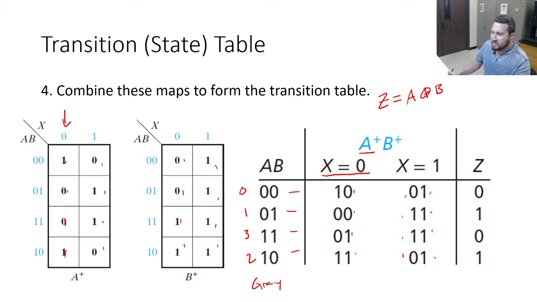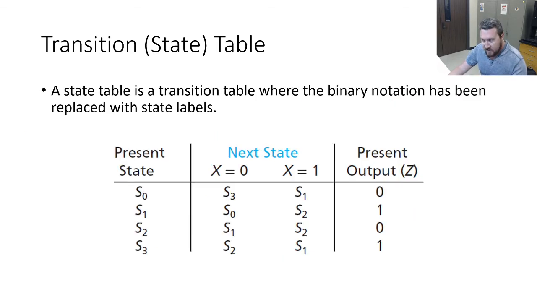Now the next thing, so this is the transition table, and this is an important definition that is on the exam. The transition table is the one that has everything listed out in binary notation: 0 0, 0 1, 1 1, 1 0. The difference between a transition table and a state table is that the state table replaces that binary notation with state labels.